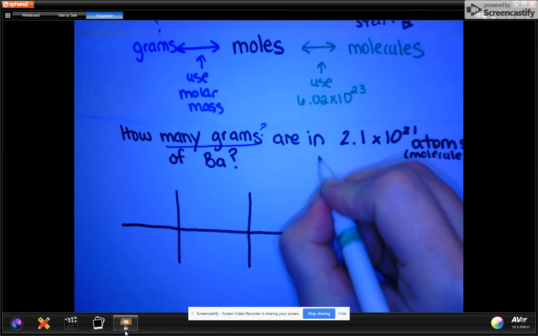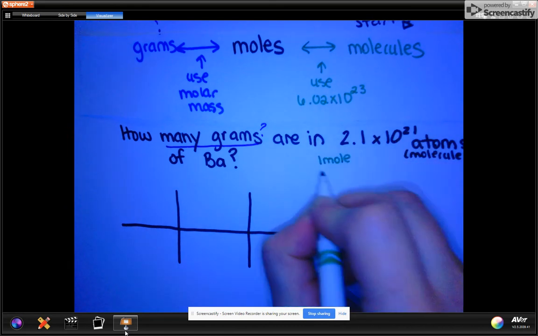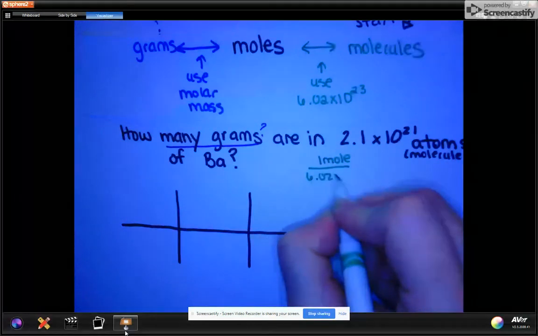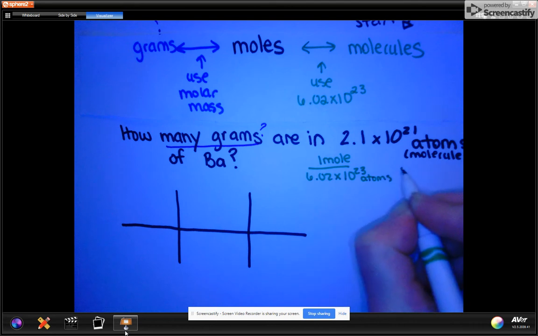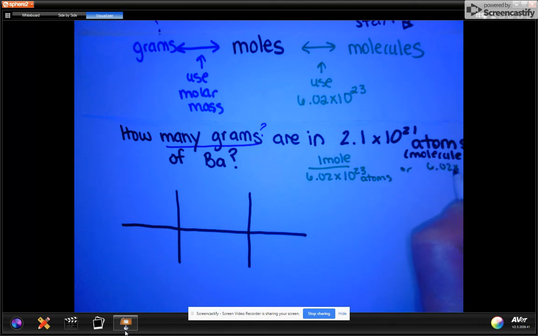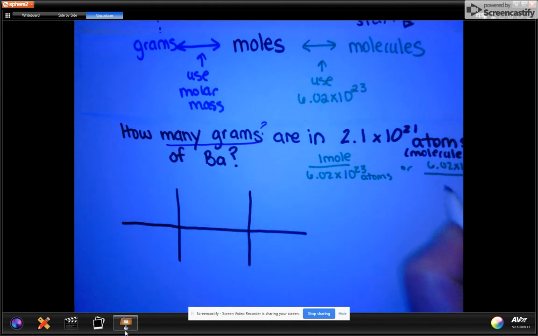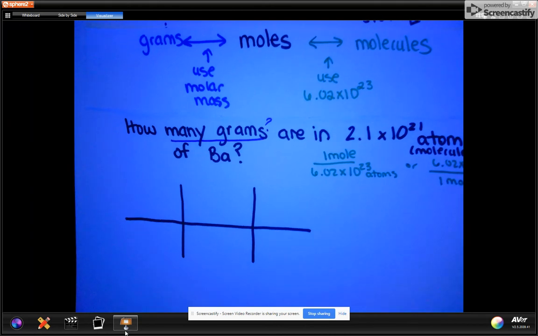So I'm going to write that down the 2 ways that we could use it. Remember, with all of these, they can be flipped. I am using the unit atom because it's not technically a molecule because it's just a single element.